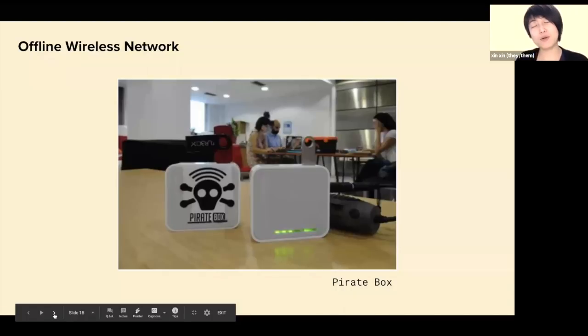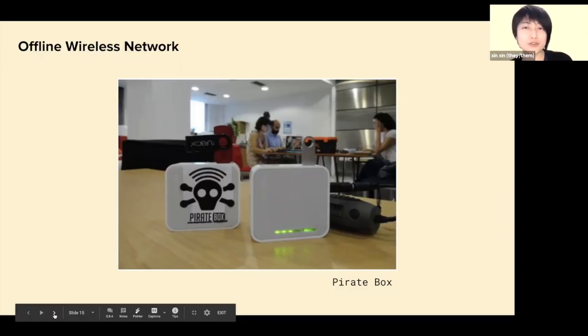Pirate Box was often used as a mobile library, or as a folder for a classroom. You could use it to store any kind of files. It's a file system, and as long as people are within the proximity of its Wi-Fi range, they can access the files. Otherwise they can't find the files, because it's not actually connected to the internet.